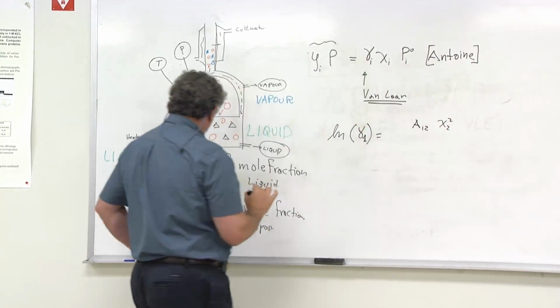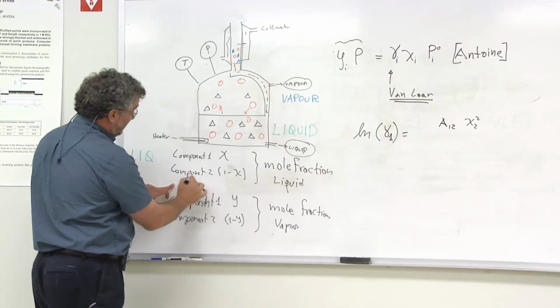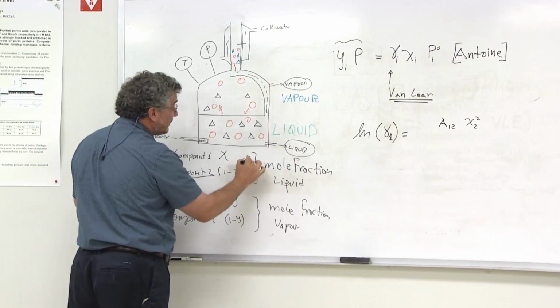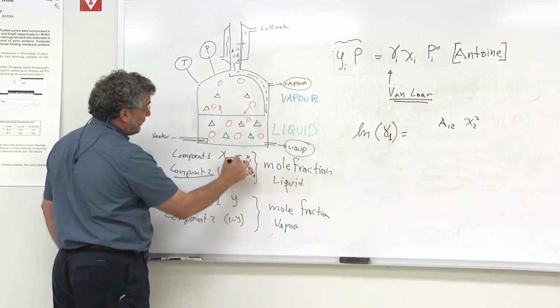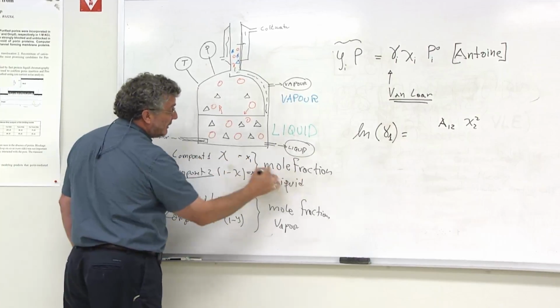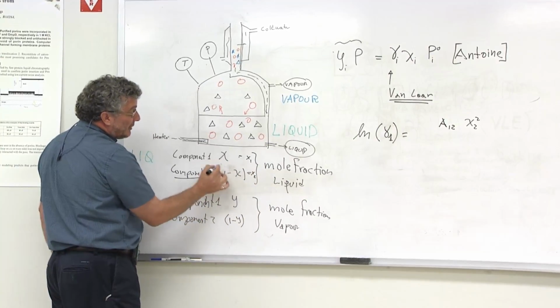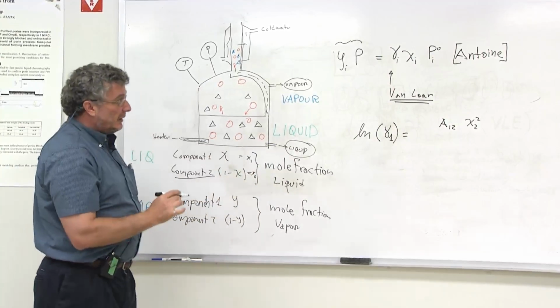Now, x2 is the composition of component 2, and this is x1. Component 1, mole fraction in the liquid, x1; component 2, mole fraction in the liquid, x2. In the case of a binary mixture, they are very easy to calculate from each other.